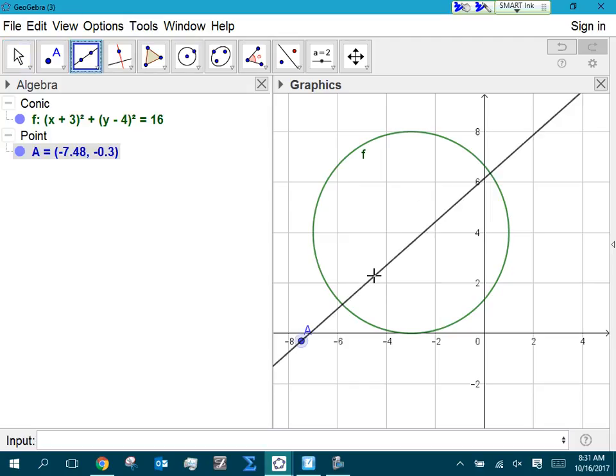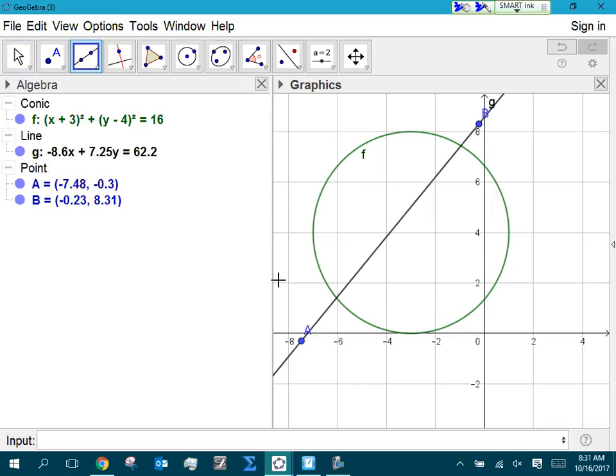Back in geometry, whenever we had something like that, this line that intersects your curve 2 times, we called that a secant for the circle, okay?